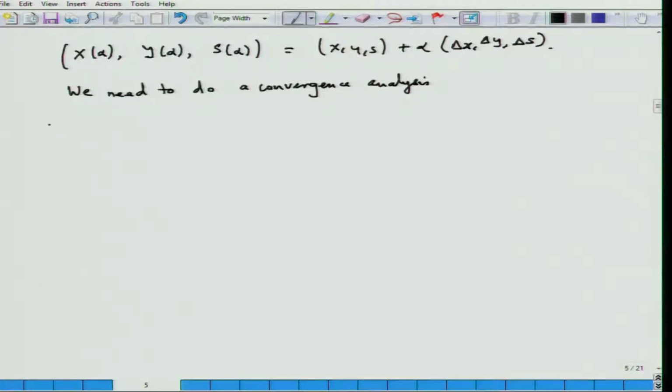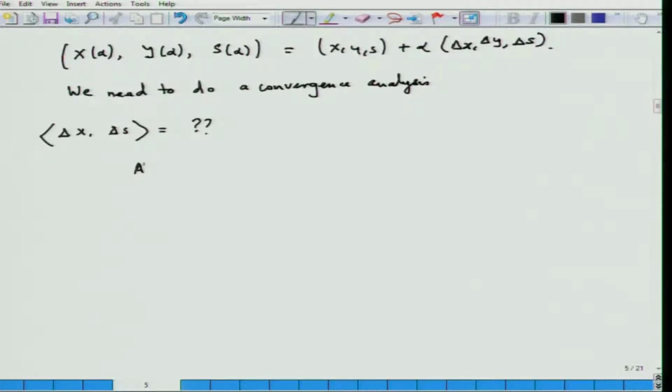So, let us look at an estimate that we will require quite often. Okay, what is this? Now, how do I go about solving this? Look at the equation.